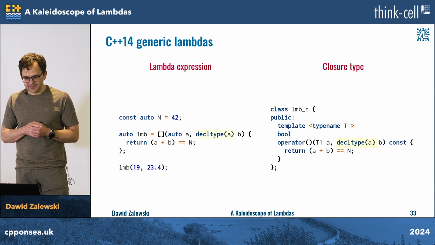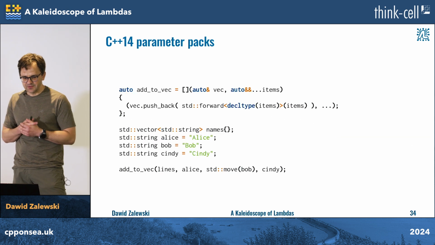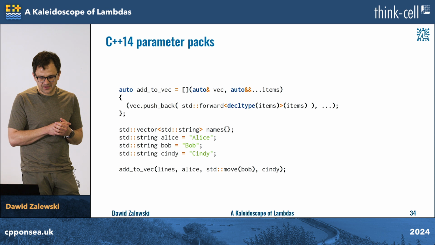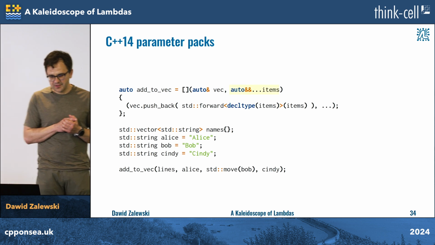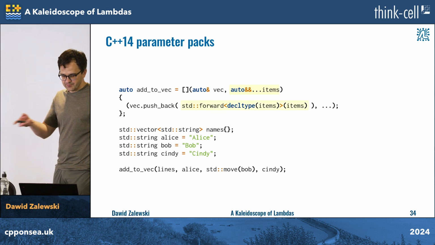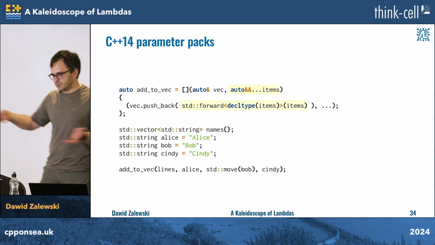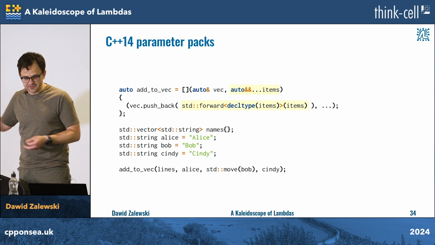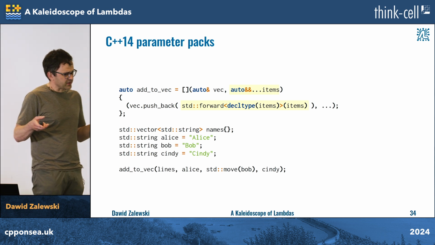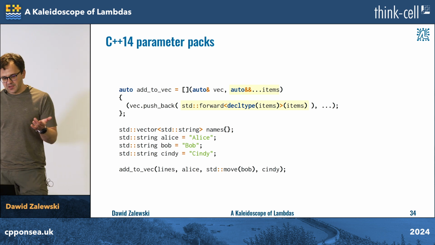One important thing that has been added in C++14 is parameter packs that can finally appear in the arguments list, and that's also kind of usable because parameter packs are getting bigger and bigger.